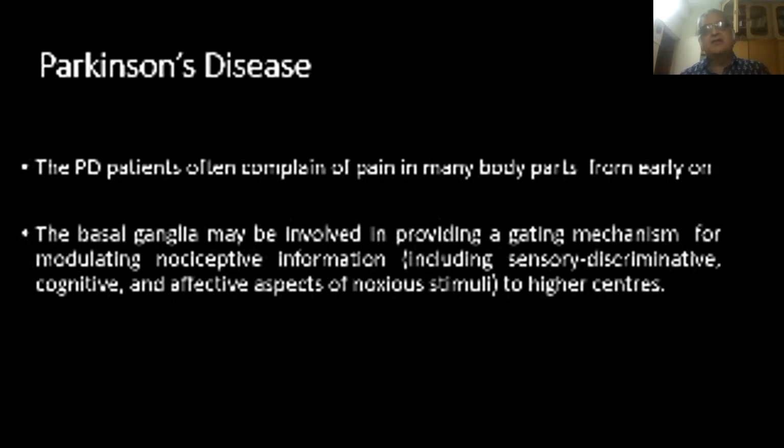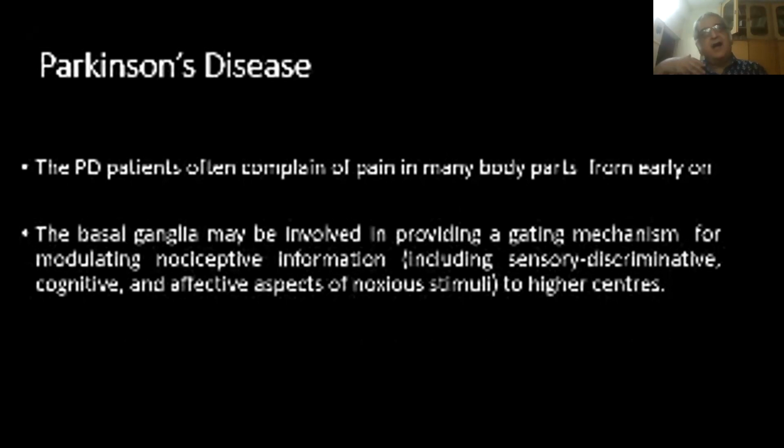Parkinson's disease is very interesting. I think most of you who have seen Parkinson's disease must have seen that in the initial part of Parkinson's disease, they may only complain of leg pain, for which you have no explanation. They may only complain of even generalized body pain. And pain is one of the earliest manifestations of early Parkinson's disease. We have to be aware of it. I'm sure at least the senior neurologists have seen this.